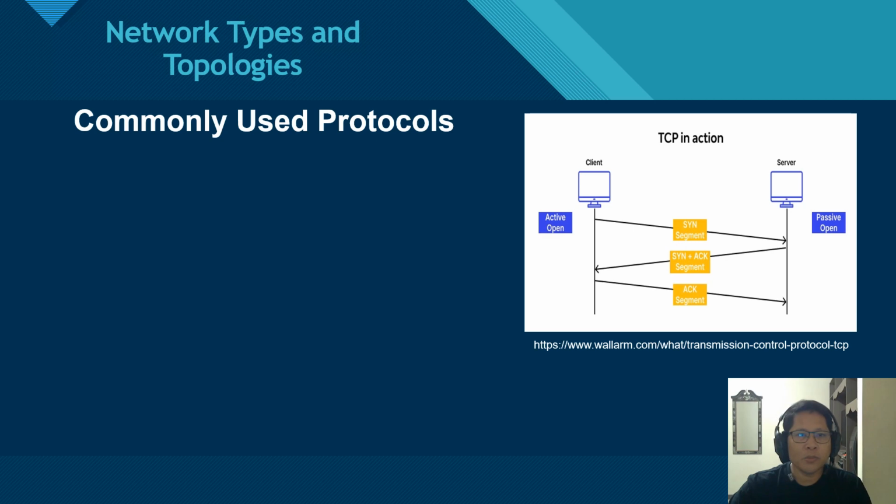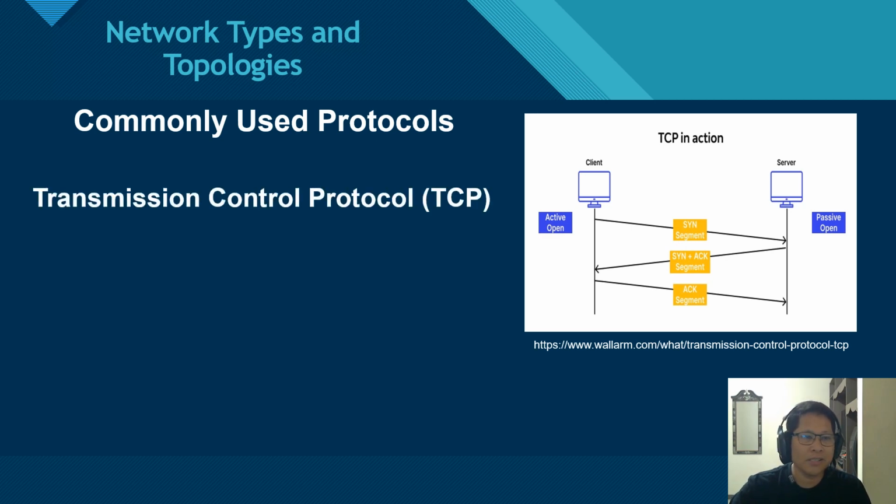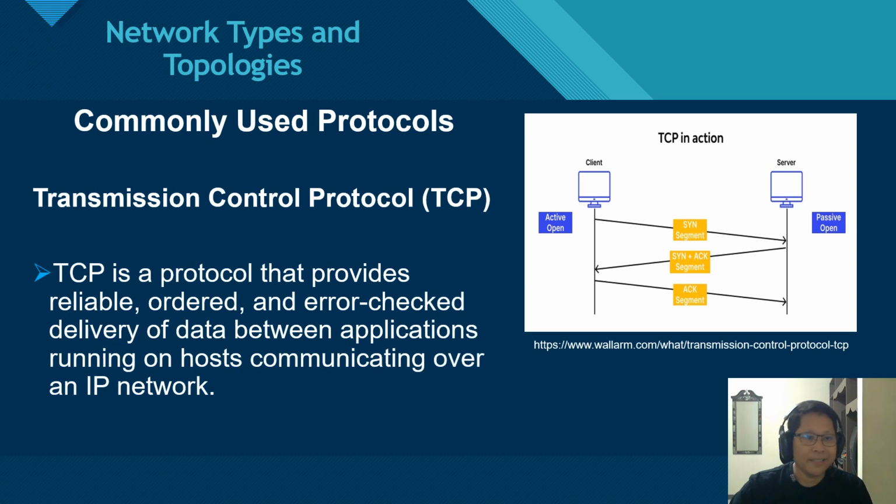So this is what we call the HTTP, the Hypertext Transfer Protocol. The second commonly used protocol is the Transmission Control Protocol, or the TCP. It is a protocol that provides reliable, ordered, and error-checked delivery of data between applications running on hosts communicating over an IP network.